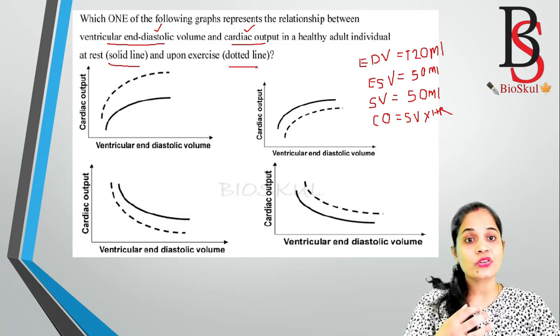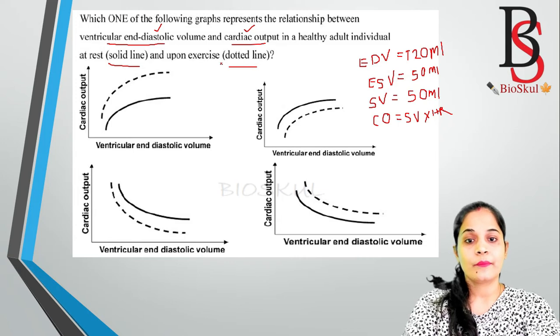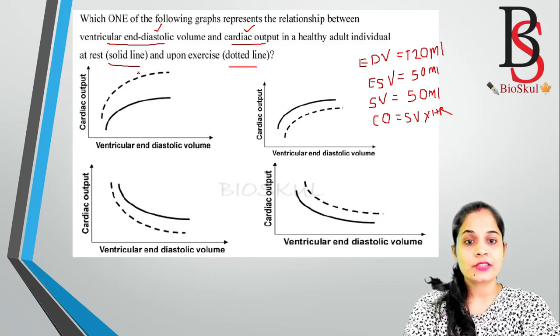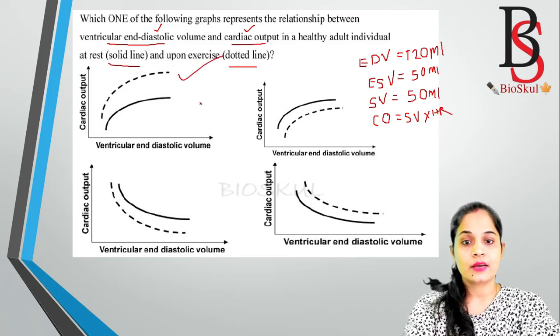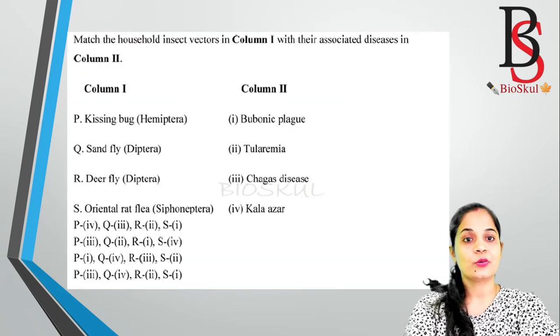If a person exercises, then cardiac output will increase, because the heart rate as well as the stroke volume will increase. So the correct option will be this one. This one is wrong, and here the cardiac output gradually decreases, so this one too will be wrong. The correct answer will be option 1.